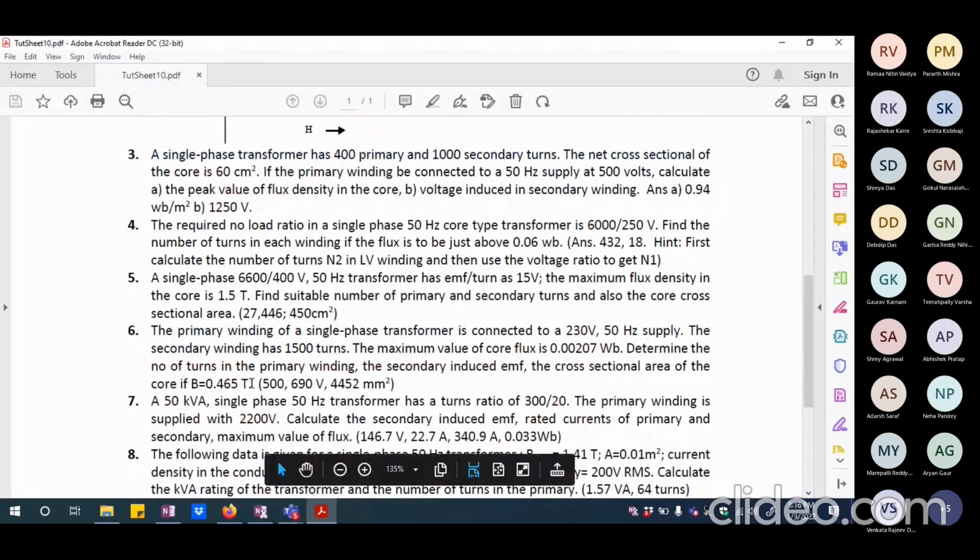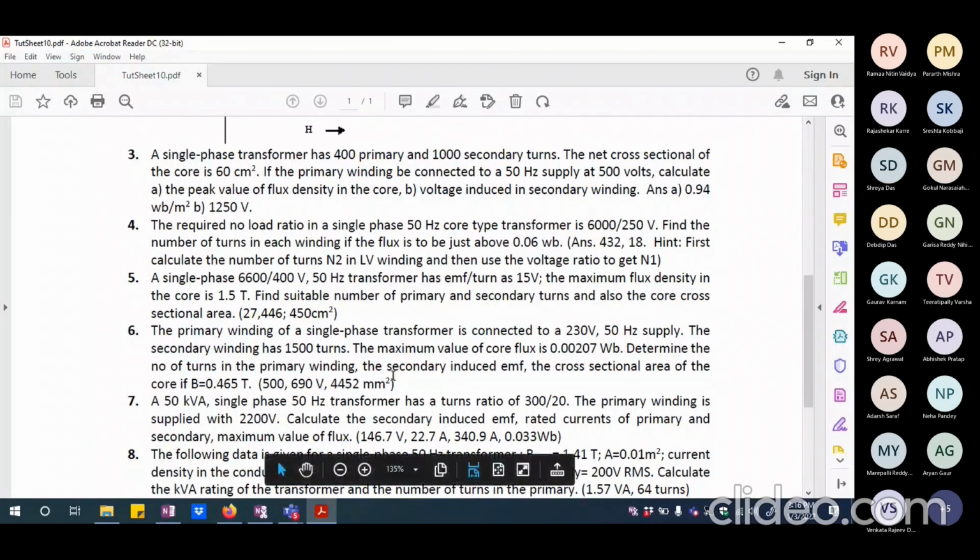Okay. So let's try to look at problem number 6. The primary winding of a single phase transformer is connected to a 230 volt 50 hertz supply. The secondary winding has 1500 turns. The maximum value of core flux is given.